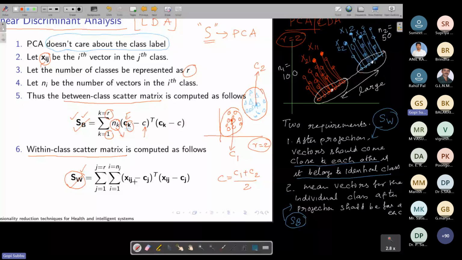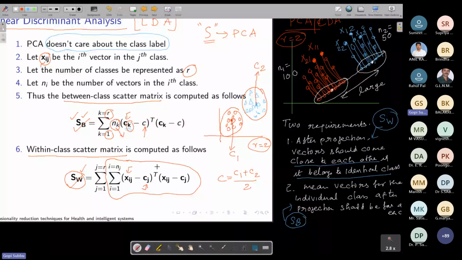As you can see here, this is the scatter matrix computed for the jth class, and then you repeat this for j equal to 1 to R, right? So you know all the terms I already explained. Xij means ith vector in the jth class, Cj is the mean vector of the jth class, Xij minus Cj the whole transpose, and Xij minus Cj, and like this.